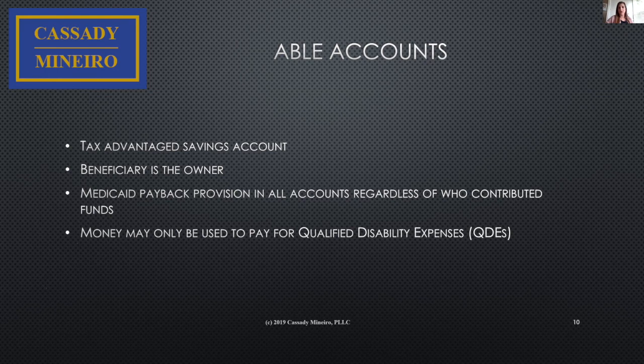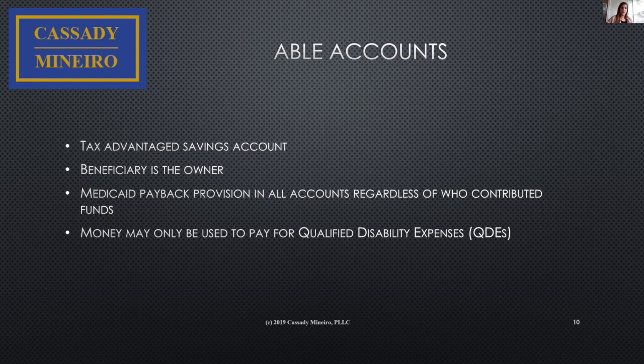The beneficiary is the owner of the ABLE account, meaning that it is created under the Social Security number of the individual with the disability. They also have control over the ABLE account unless there is a guardianship or the individual is a minor or there is a power of attorney in place.